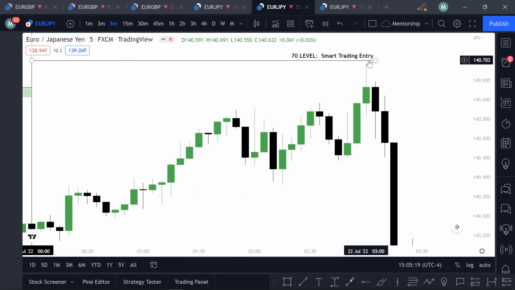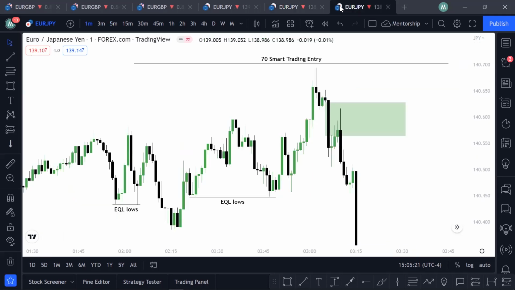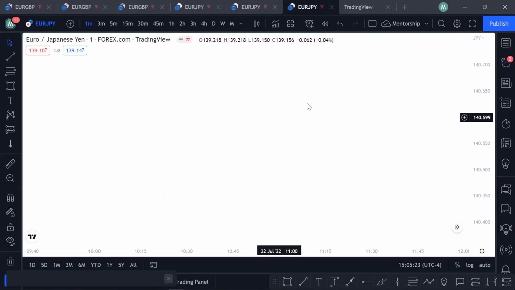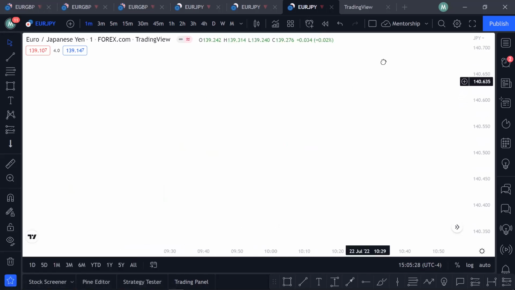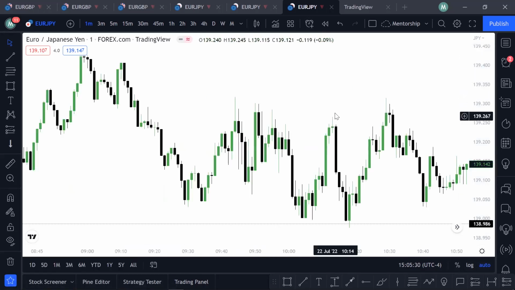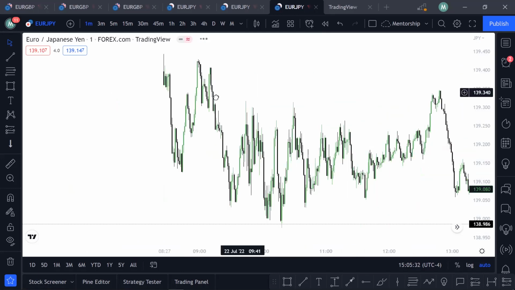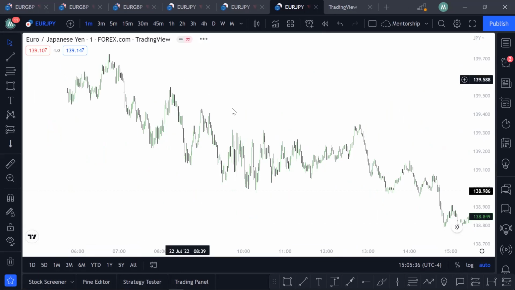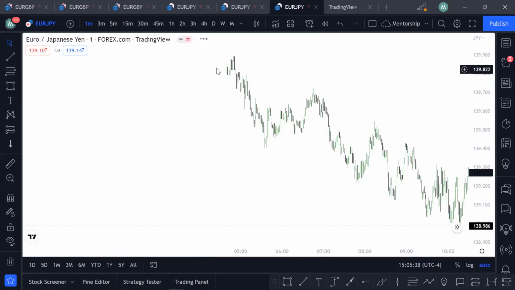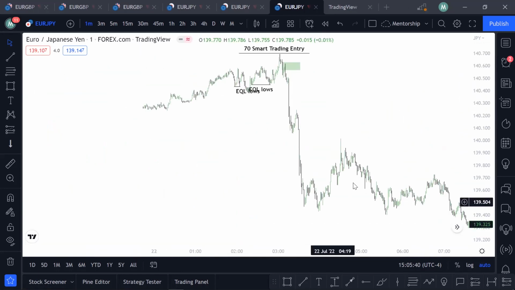If you missed this, look around this area, what you would have used to enter the market. So let's look at the charts. 22nd. Just need to scroll back.